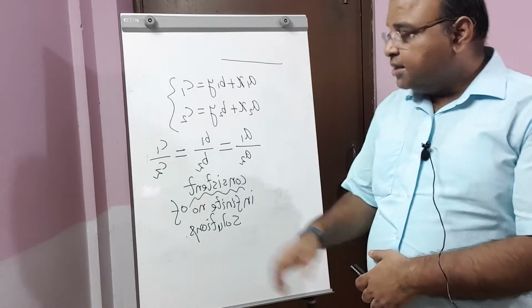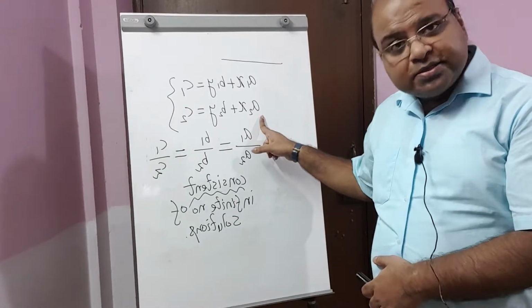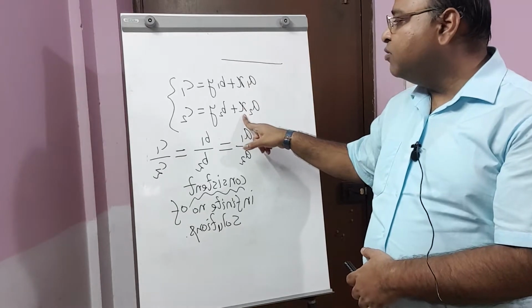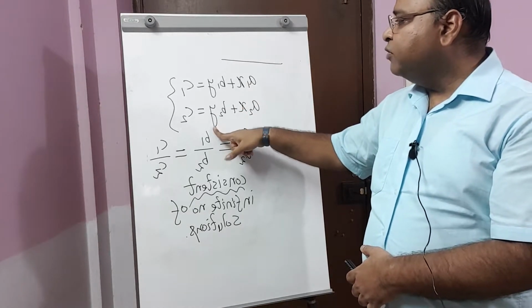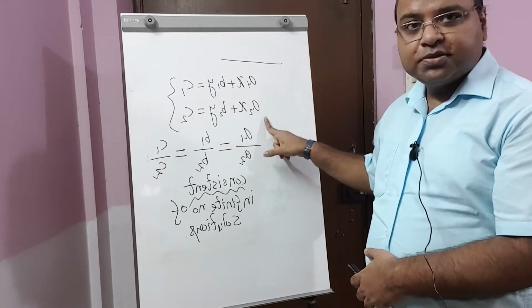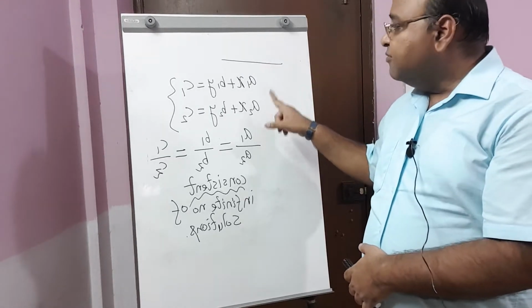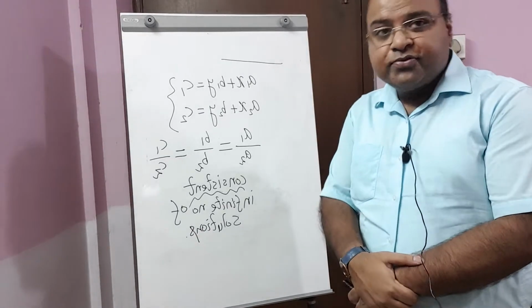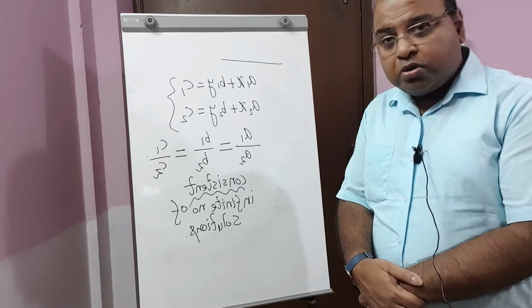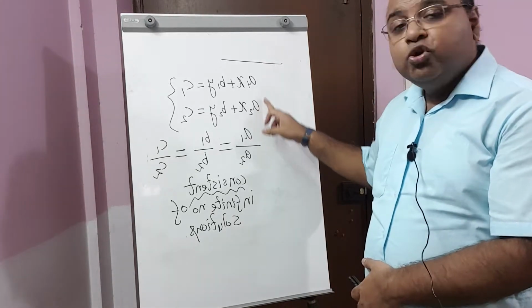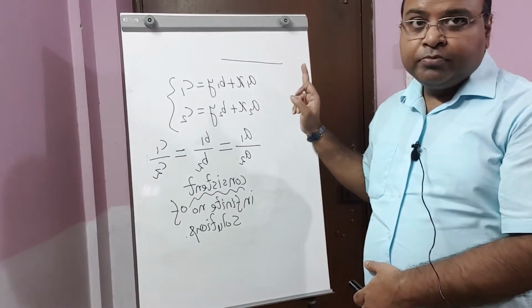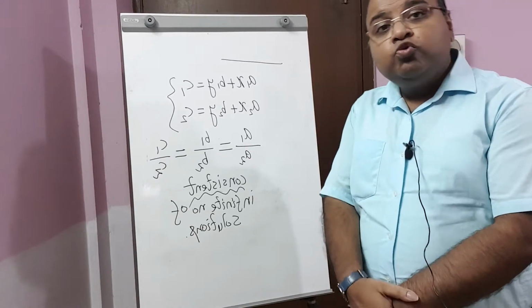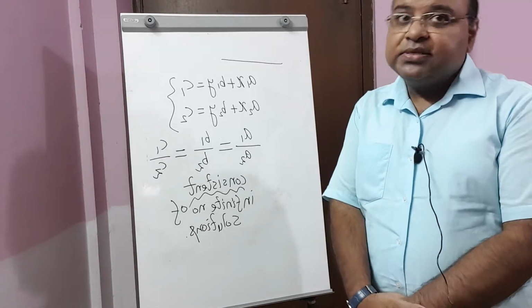Either this system shall have a unique solution, that is exactly one value of x and exactly one value of y satisfying both the two equations, or we may have an infinite number of solutions, or we may have no solutions at all. But there cannot be two solutions or three solutions likewise.